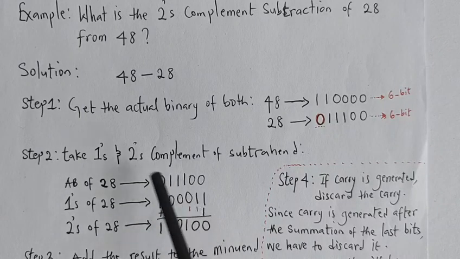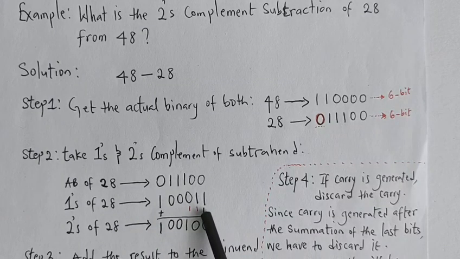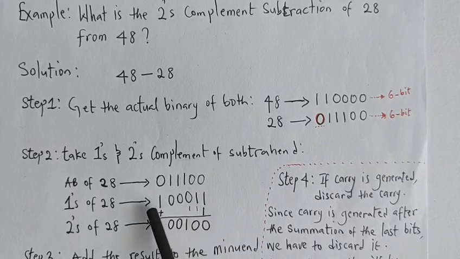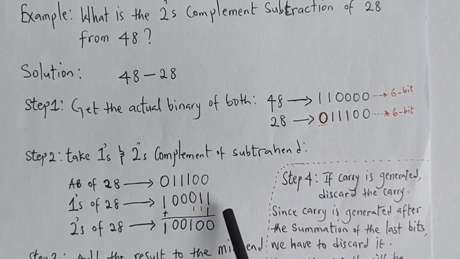Now once you have this, let's take the 2's complement of 28. The 2's complement of 28 is nothing but adding 1 to the first complement. This is the first complement, we need to add 1. So 1 plus 1 is going to be 0 with a carry of 1. We put that carry, which is this red ink.